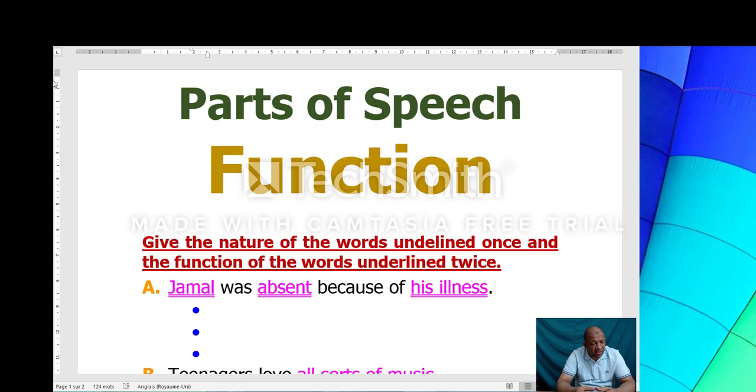In this case, the context in which that word or group of words is, is very important.